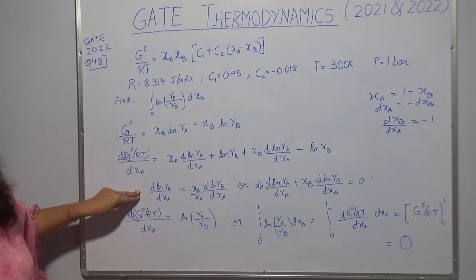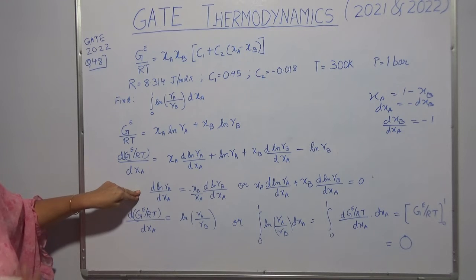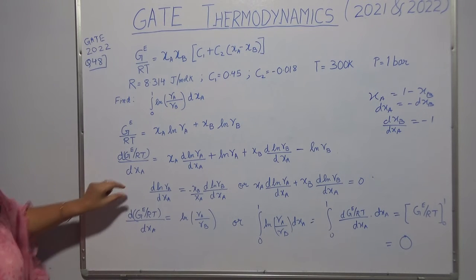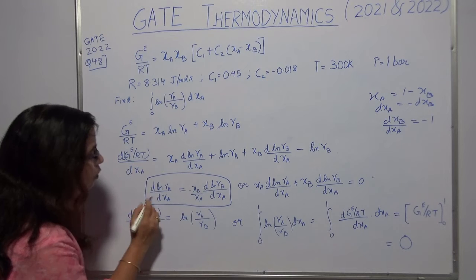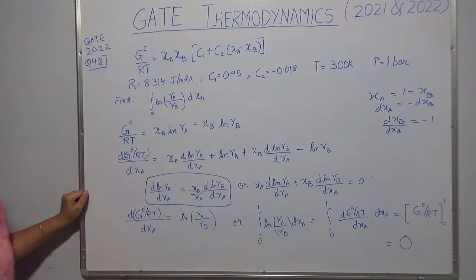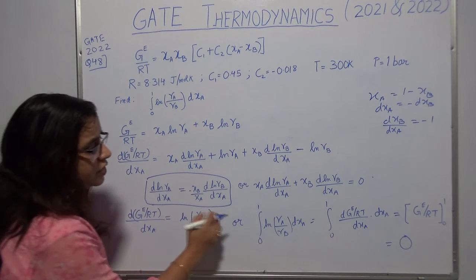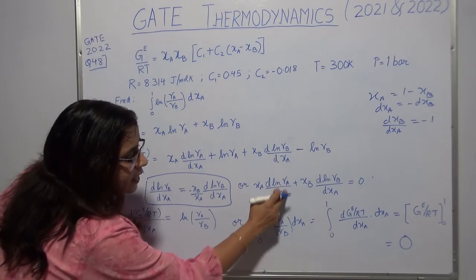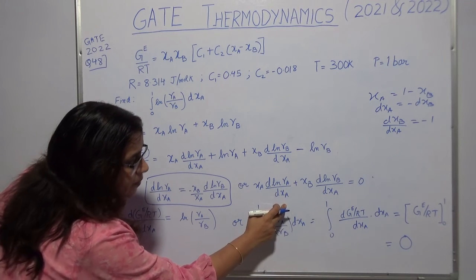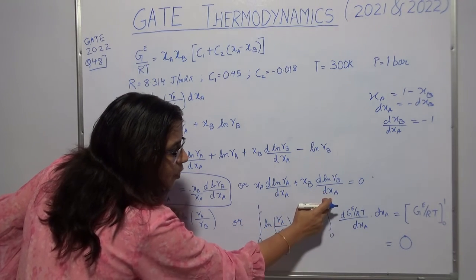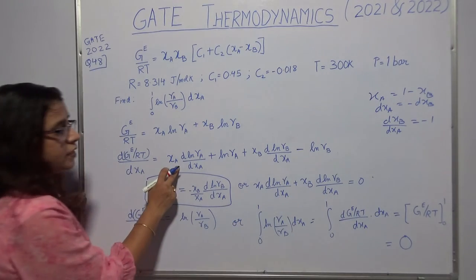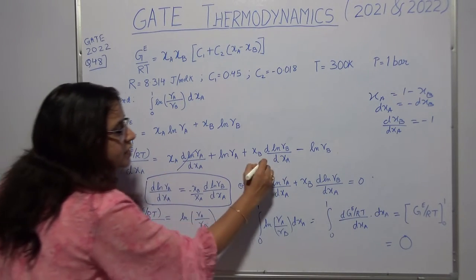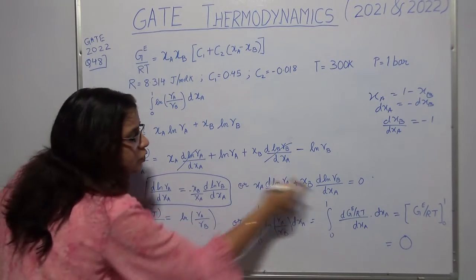Now from the last question which we had taken from GATE 2021, we had come up with this equation to find out the slope. Now I am rearranging this equation, and what I get is XA d ln gamma A upon dXA plus XB d ln gamma B upon dXA equal to 0. But these two terms are there over here, so this plus this becomes equal to 0.